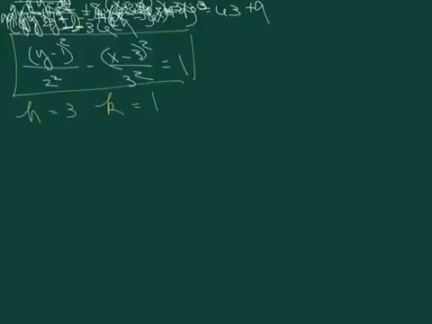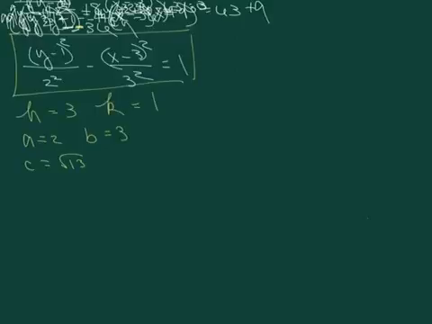Okay, I know that my a then, given this information, is 2 and my b is 3, which means I need to find my c using a squared plus b squared equals c squared, and I find my c then is the square root of 13. 2 squared plus 3 squared is 4 plus 9 is 13 equals c squared, square root both sides, and we get c equals square root of 13. So the foci are square root of 13 units below and above the center, because this is a vertical one, because the y ends up being first there.